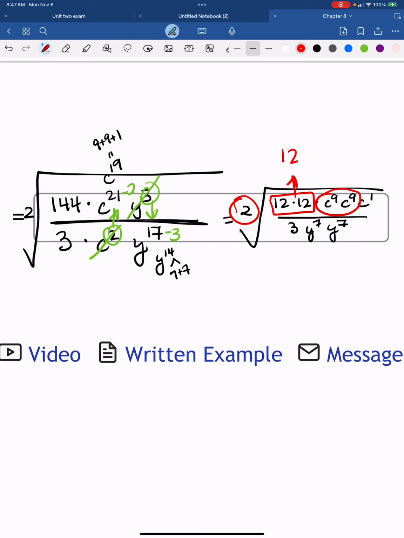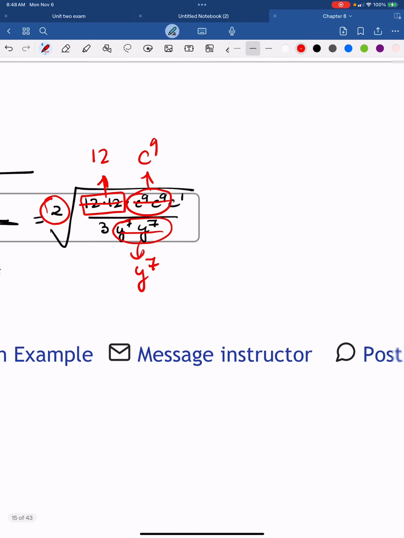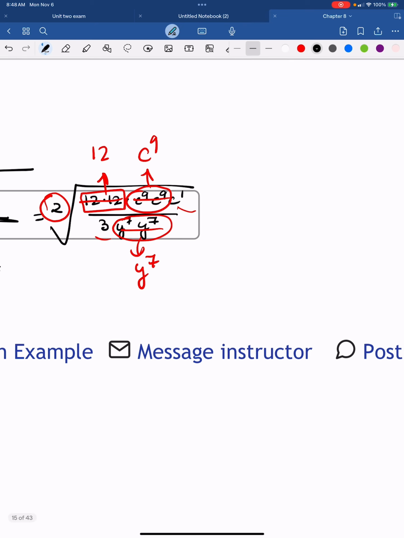We have 2 of these c to the 9ths. And we have 2 of these y to the 7ths. We have leftover. So we have this 12 c to the 9th all over y to the 7th times square root of c over the 3.